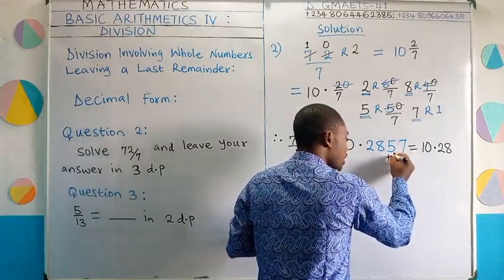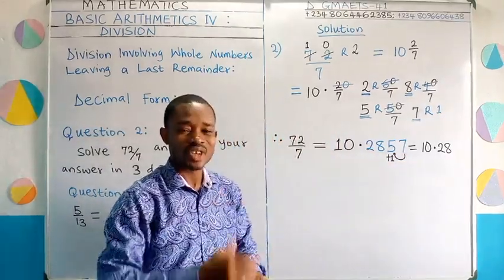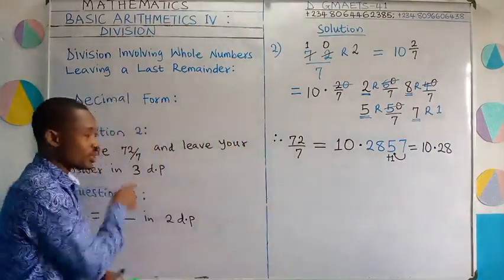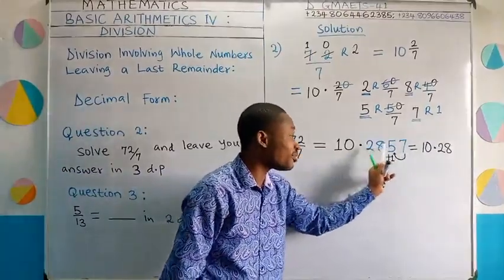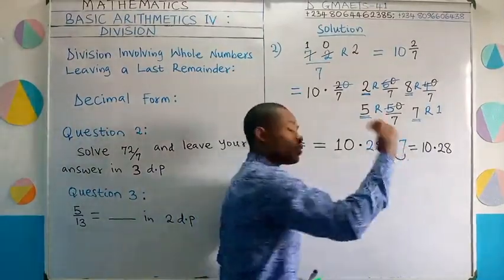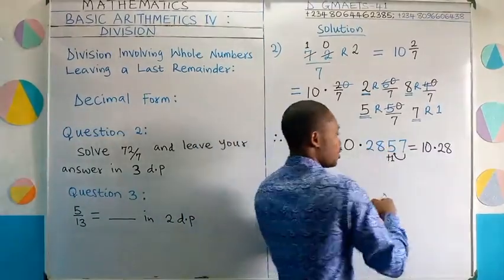So I'll do plus 1 here. Please watch this plus 1. I've taught you rounding up and rounding down before. Our answer is to be in 3 decimals. So even if I brought out 4 decimal digits here, it is the 3 decimal digit I'm interested in. Now, since the fourth one is 5 or even more than 5, you round up by adding 1 to this 5.